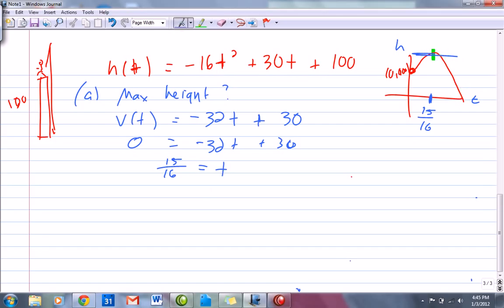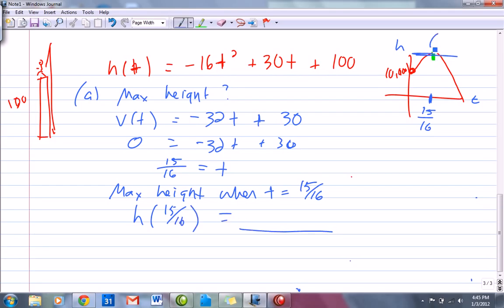So to get the actual maximum height, I'm going to plug that almost 1 second, 15/16, into the height function, and I'll leave that for you guys to work through. Okay, and that gives us the maximum height value, which occurs at a little bit less than 1 second.